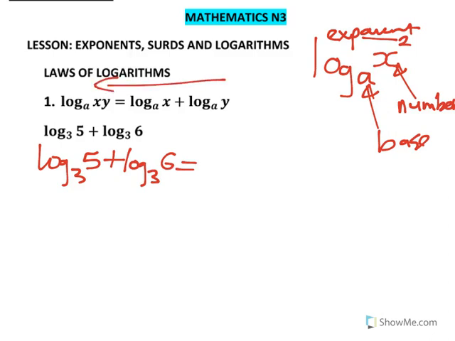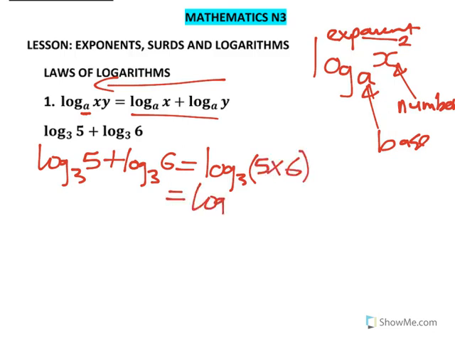Because of the plus sign, the law says you multiply. So you will write log base 3, then a bracket, 5 times 6, that is xy. So this is the same as log base 3 of 30.